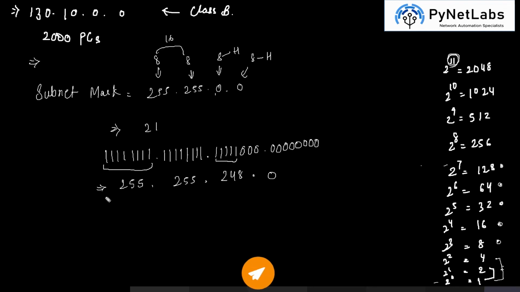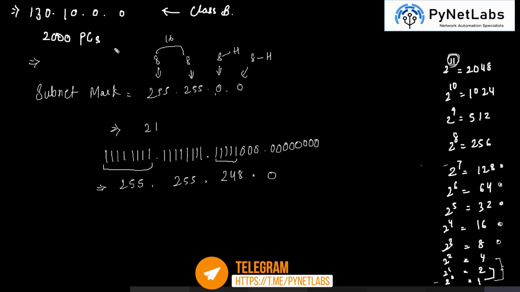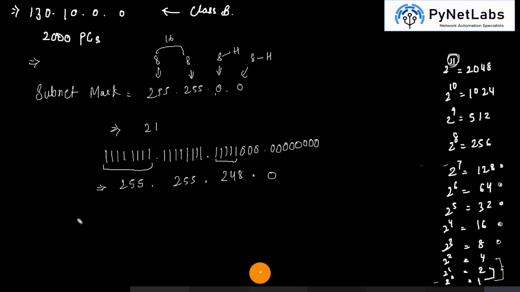Now we have the subnet mask. We have the number of hosts required. Now we will look into how we can calculate the range. Okay, so how we get 248 is we just have calculated the value of on bits. Yes, so there were 5 bits which were on. I hope you remember we discussed yesterday how the value can be calculated from this master formula, from 2 raised to the power 0 to 2 raised to the power 7.